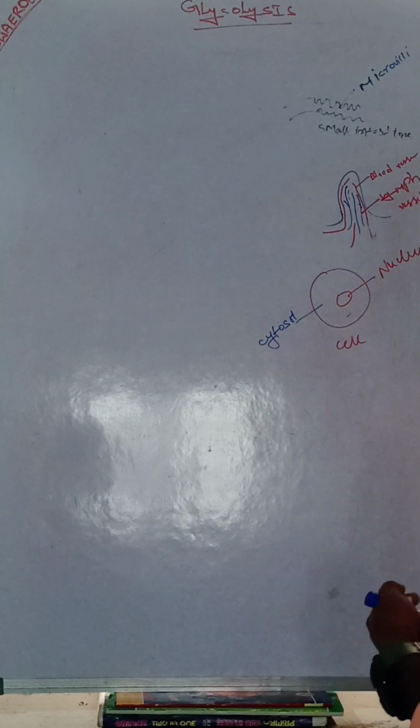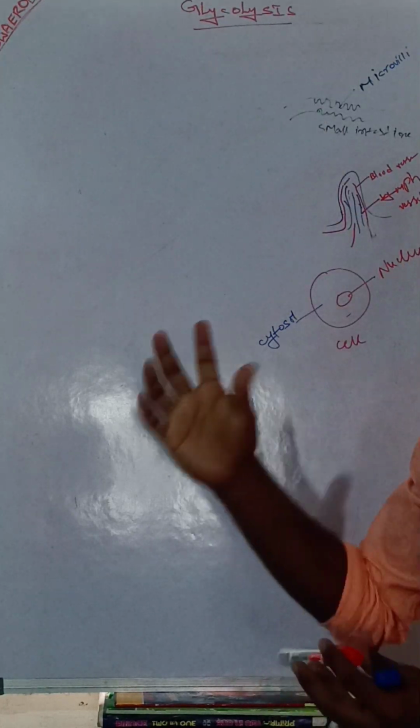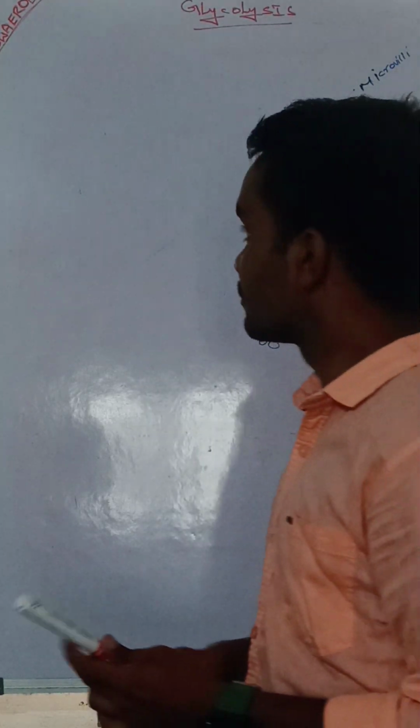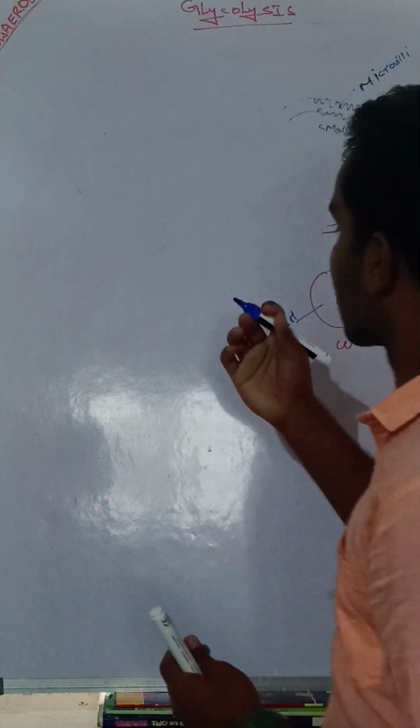Okay, right. Let me see how glycolysis will happen first of all. You know that glucose is a 6 carbon molecule.